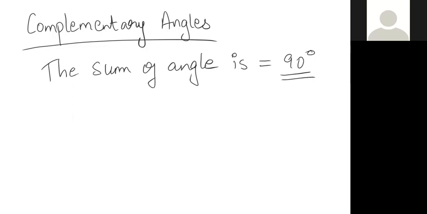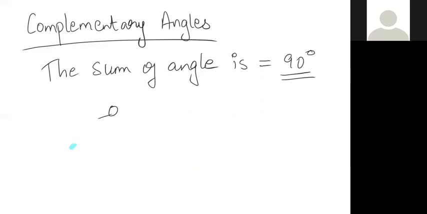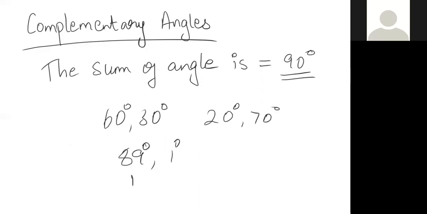So if I have two angles, let's say 45 and 45, these are known as complementary angles. And another example would be 60 and 30, 20 and 70, also 89 and 1, right? Because they add up to 90. The sum we're talking about.